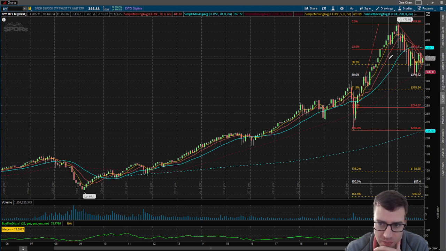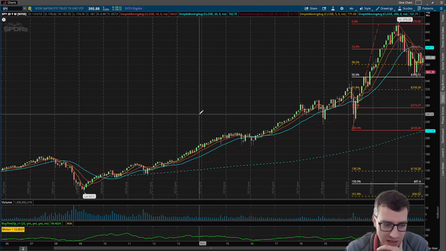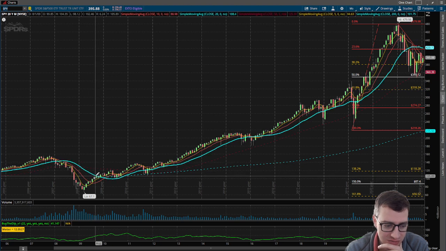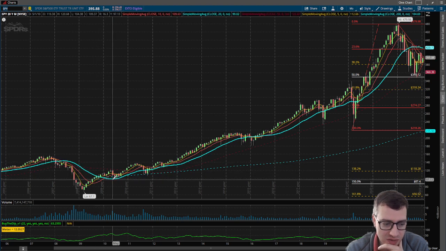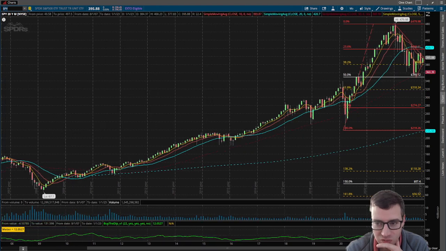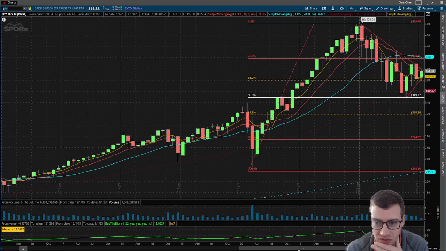The last time the average was pointing down was really not until 2009, 2010. And that's what's interesting for the longer term. Again, looking at a monthly chart, so this is longer term.